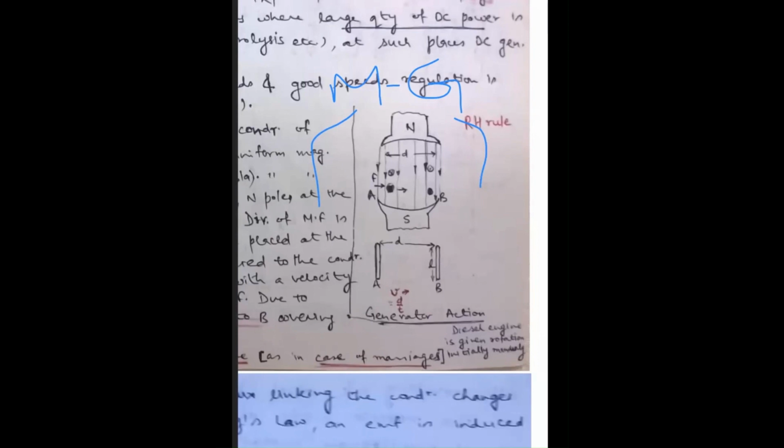So when this motor is coupled with a generator, okay, suppose this is our motor and it is mechanically coupled with the generator, and since this is a motor, some starting level electricity supply is given, so it starts rotating. Say it is rotating in the clockwise direction, so the generator is mechanically coupled with the help of the shaft.